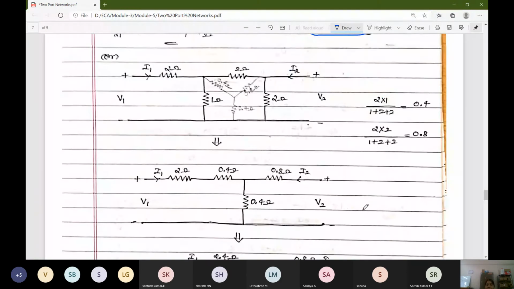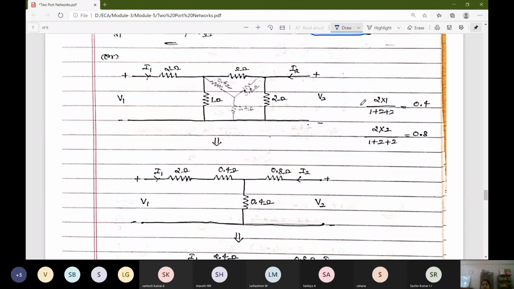Next, the simple method is just to convert this delta to star. The star network I have put here. When we convert delta to star, what will be the formula?